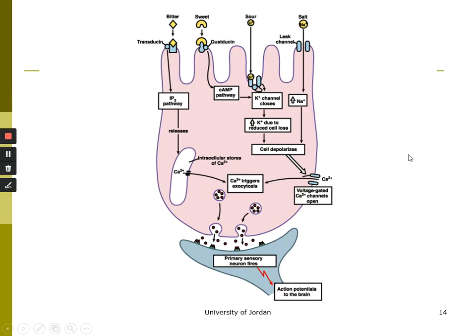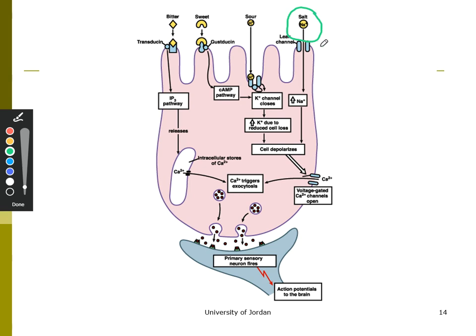Here are the different substances and different mechanisms. Salt substances cause an increase in sodium conductance, and this causes depolarization of these cells, and depolarization causes opening of voltage gated calcium channels, increasing intracellular calcium. The other is the sour mechanism. So the first one is salt, which opens sodium channels.